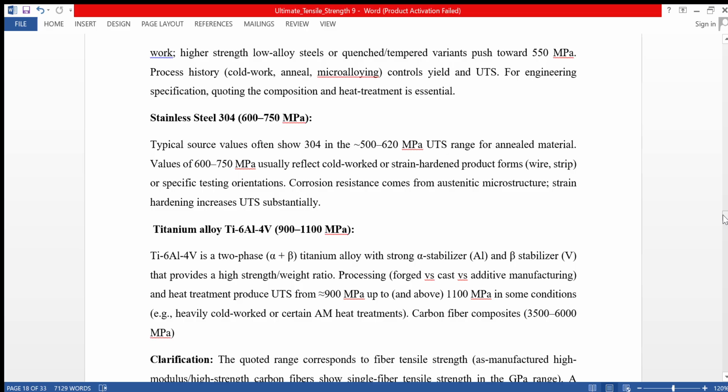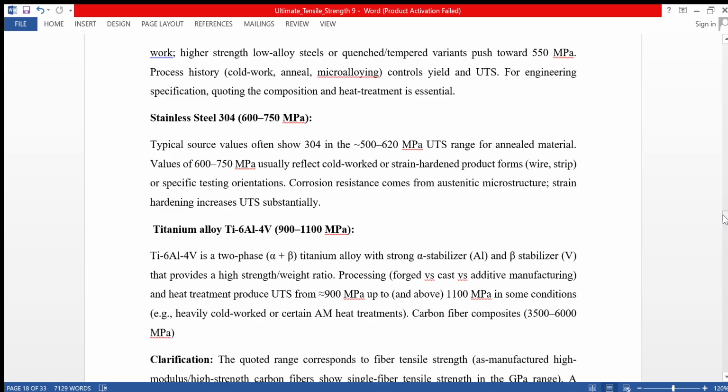Values of 600 to 750 megapascals usually reflect cold worked or strain hardened product forms or specific testing orientation. Corrosion resistance comes from the austenitic microstructure. Strain hardening increases UTS substantially.